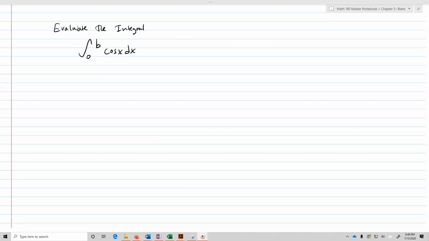Let's say, for example, we want to integrate from 0 to b of cosine x dx. We're just going to use the fundamental theorem of calculus again, so we need to know that little f of x is equal to cosine x. So big F of x is going to equal sine x, because that's the antiderivative of cosine.